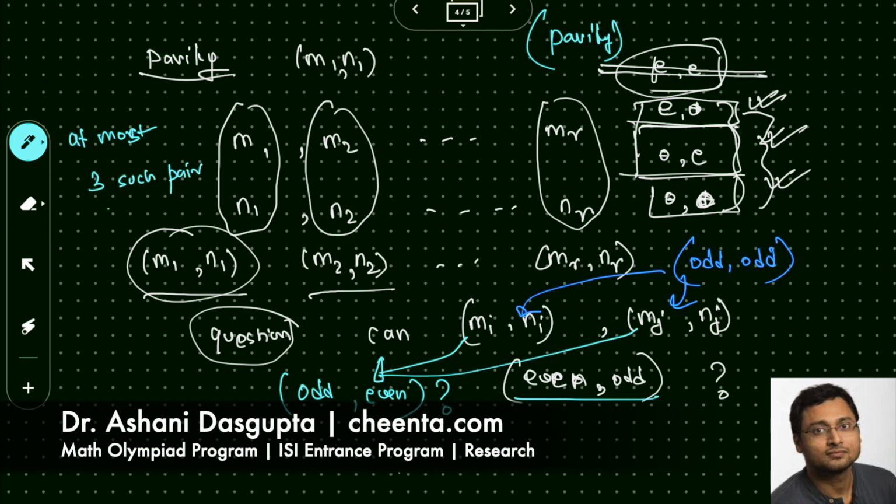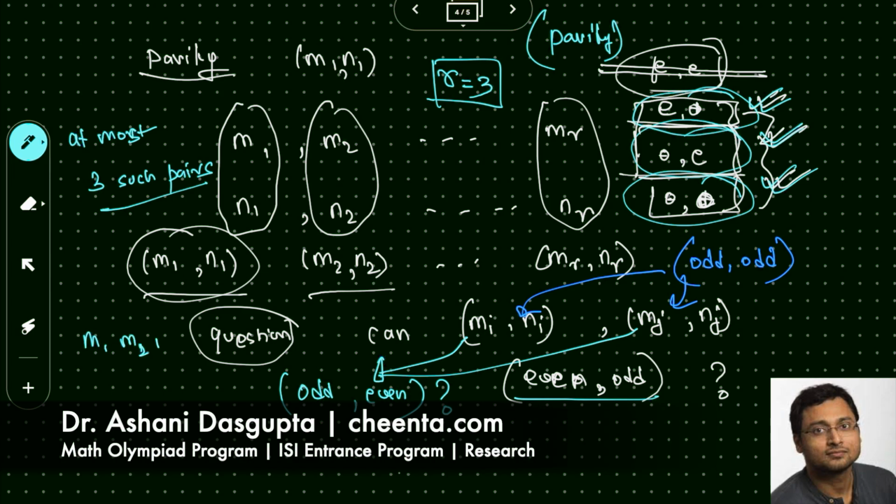Because if there are 4 such pairs, then by the pigeonhole principle, since there are 3 distinct parities, 2 of them must have the same parity. So can r be equal to 3? Is it possible? Can there be m1, m2, m3 and n1, n2, n3, positive integers, which work with these conditions? Well, that is for you to find out. That's the last part and the easiest part.